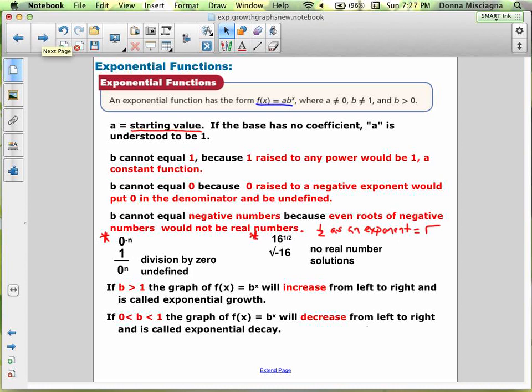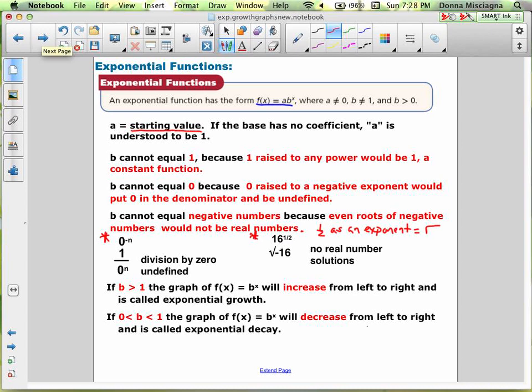If b is greater than 1, the graph of f of x equals b to the x will increase from left to right, and it's called exponential growth. Right? So no matter what, b cannot equal 1. And it has to be greater than 0. We already went through that. But if it's greater than 1, it's going to be exponential growth.